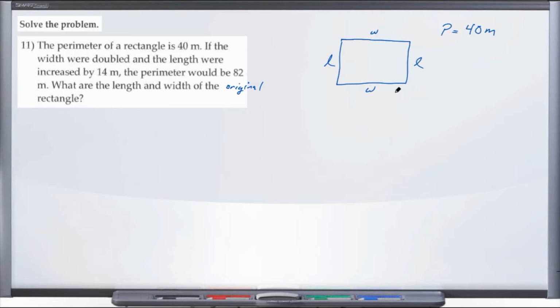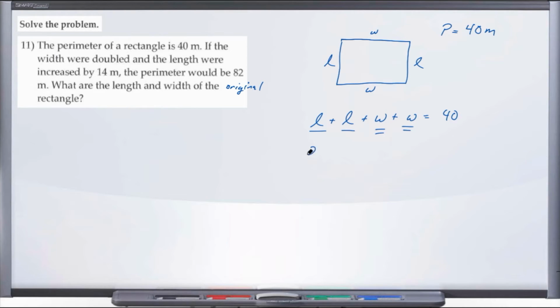And we know that the perimeter of a rectangle is just the sum of all four sides, right? And so if we wanted to get the perimeter of this rectangle, we would say that length plus length plus width plus width is equal to 40. And we can combine our like terms here, can't we?